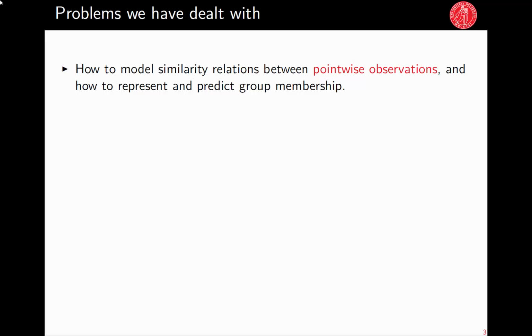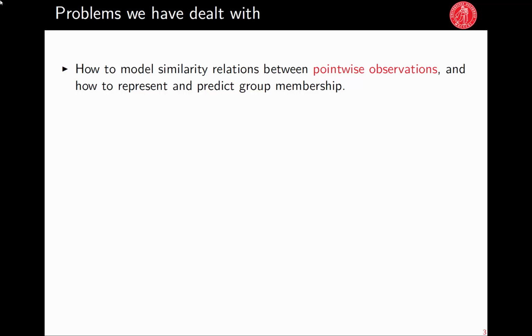Okay, let's start with the very high-level view of what we've been doing. There are going to be three main points on this slide. At the beginning of the course, we mainly dealt with what we can describe as point-wise observations. In our case, we focused on representing words, or more precisely, the meaning of words in a vector space model.